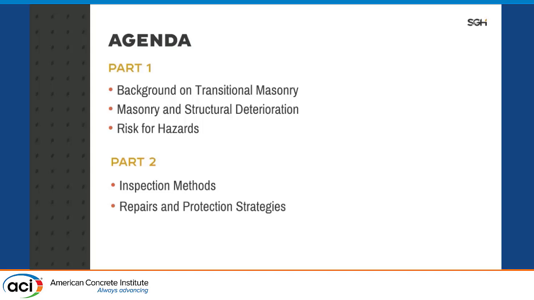In the afternoon, Greg Cohen, from my office too, will be presenting part two, which would be the solution to the problem. How we inspect, how we assess transitional masonry, and most importantly, how we repair and mitigate the deterioration.